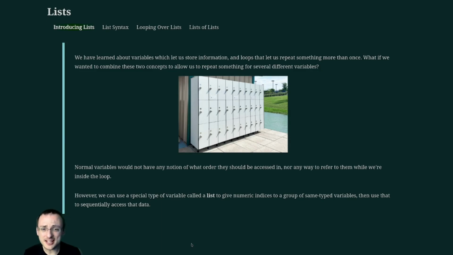So to extend our box analogy from before, if a normal variable is like a box that we put stuff in, a list is sort of like a row of lockers, where we might refer to that entire row of lockers, say, oh, they're the lockers in that hallway. They kind of all have one name. And then each of these lockers gives us the same amount of space, and normally we'll number them sequentially.